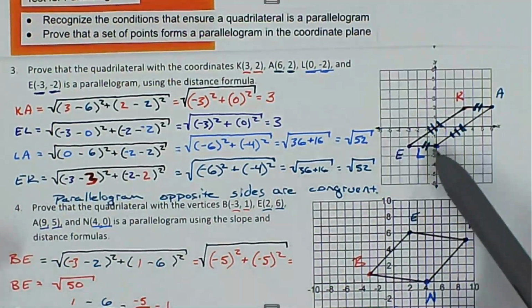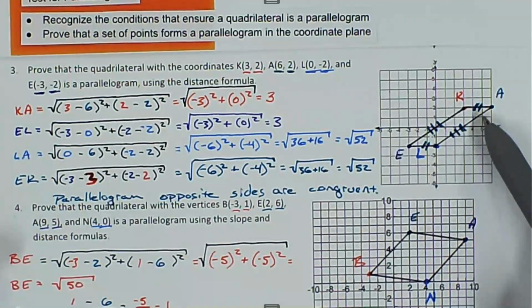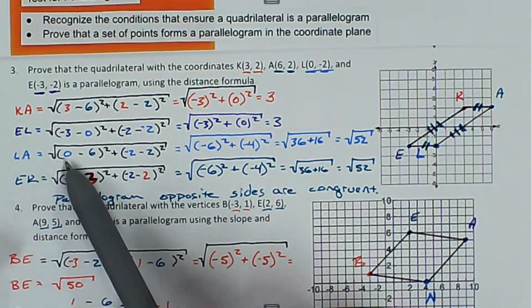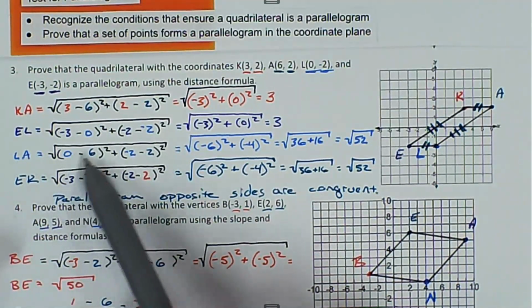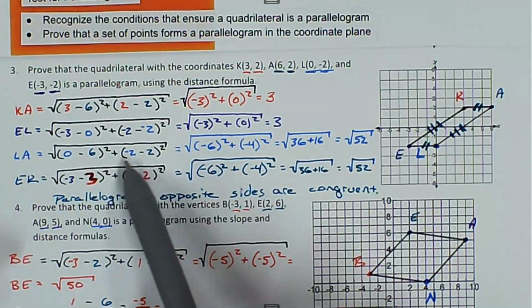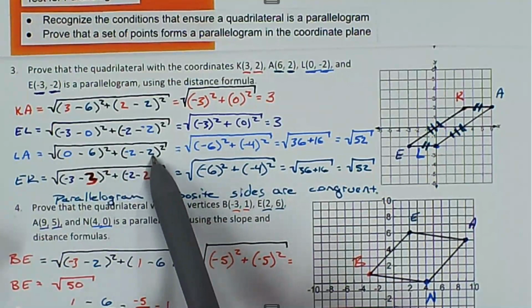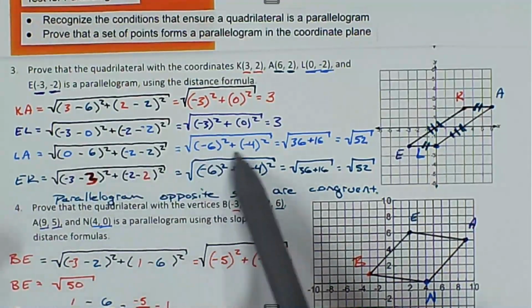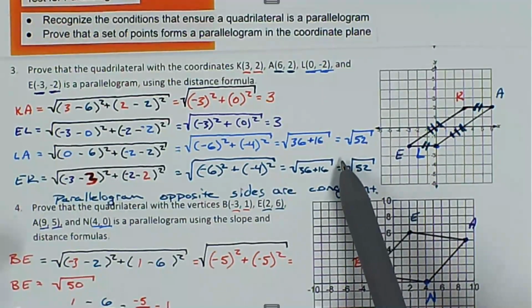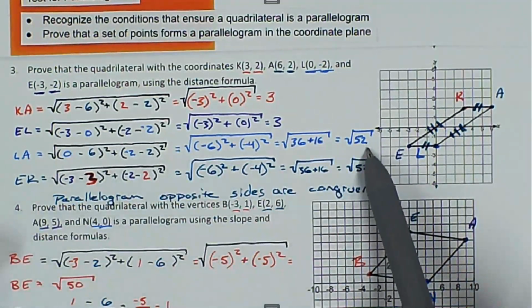Now we have to check LA, the distance from L to A. Again, the coordinate for L is (0, -2). And the coordinate for A is (6, 2). So we do our math, and we end up with the square root of 52. We're just going to leave this here. We don't have to reduce it because we just want to make sure that EK is also the square root of 52.